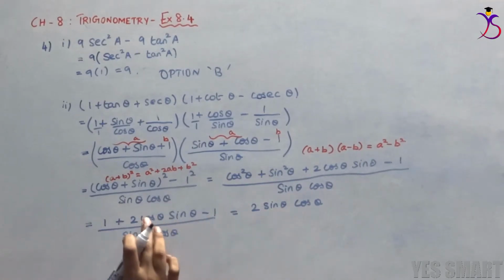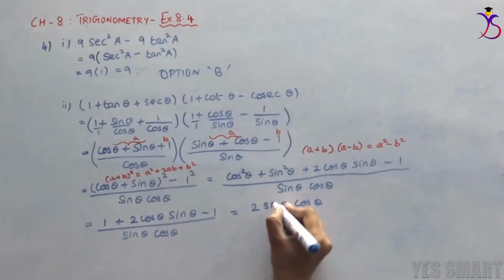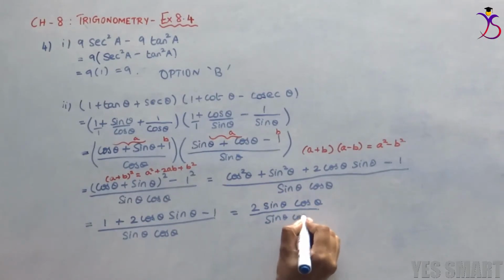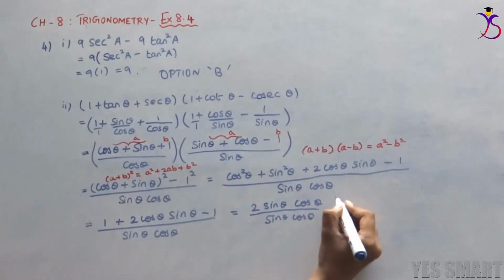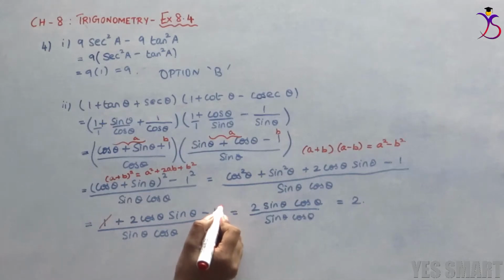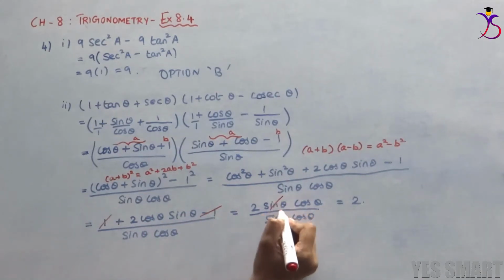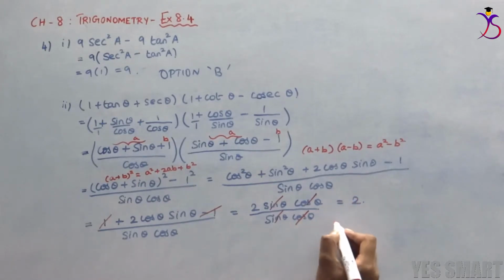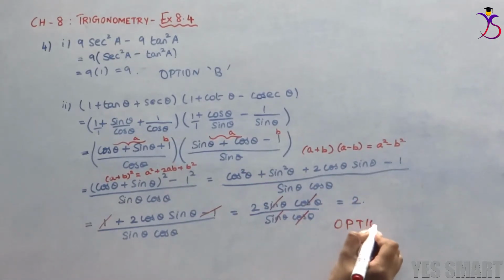Just rearranging these terms and writing divided by sin theta cos theta. So you can cancel sin theta cos theta, therefore the final answer will be 2. The same way the plus 1 and minus 1 are cancelled, sin theta cos theta is cancelled, and the answer is 2, which means option C is correct.